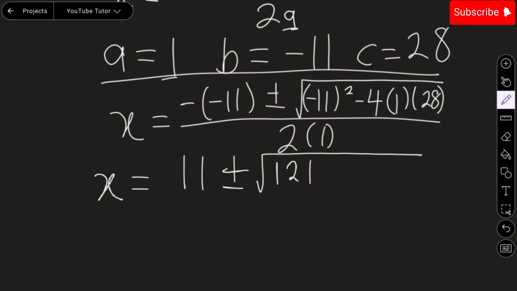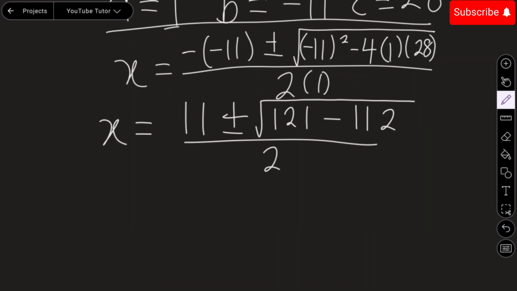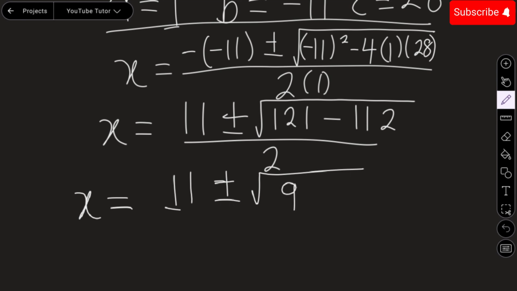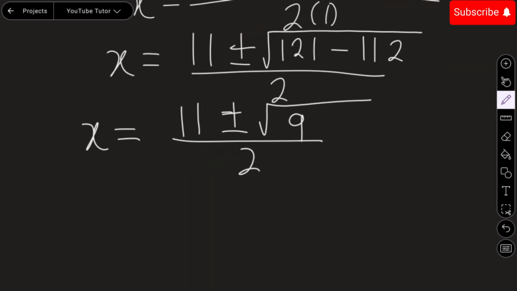So 11 squared gives us 121 minus 4 times 28 times 1, which will give us 112, all over 2. So now we have x is equal to 11 plus or minus square root of 121 minus 112 gives us 9, all over 2.